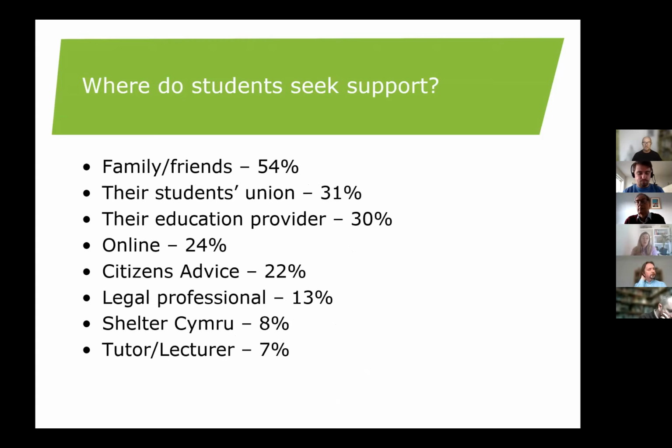It might be due to that idea of shared experiences or not being judged if they go to somebody looking for advice. Only a third of our students will actually go to their student unions or their education provider for help. And even fewer will go to professional advice services like Shelter or Citizens Advice. So there's definitely some work that can be done around how we actually utilise these services to properly support our students.